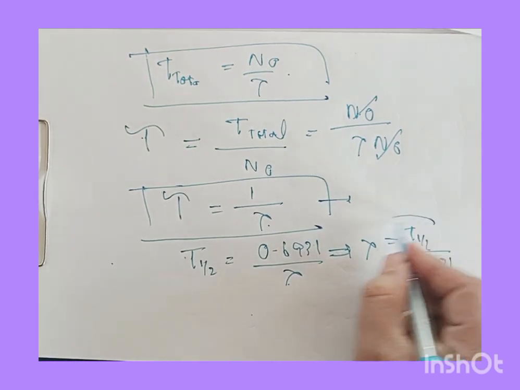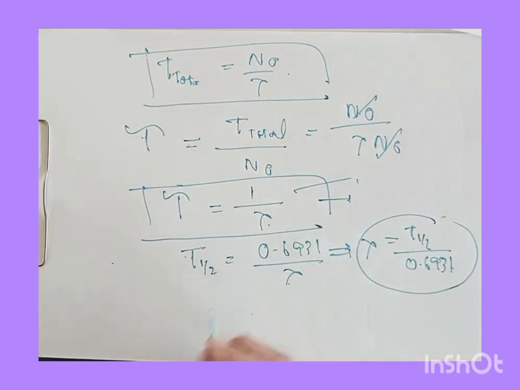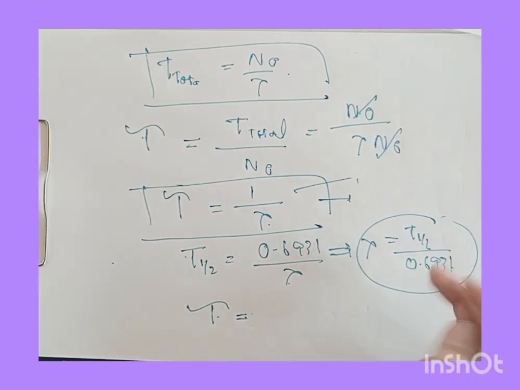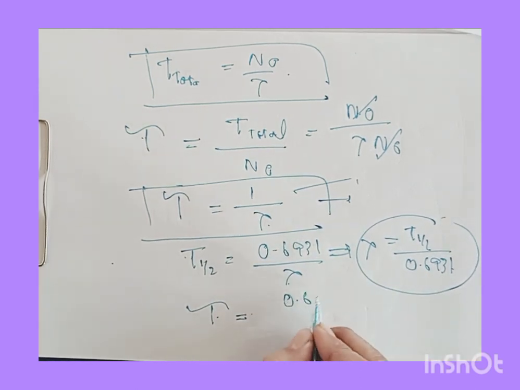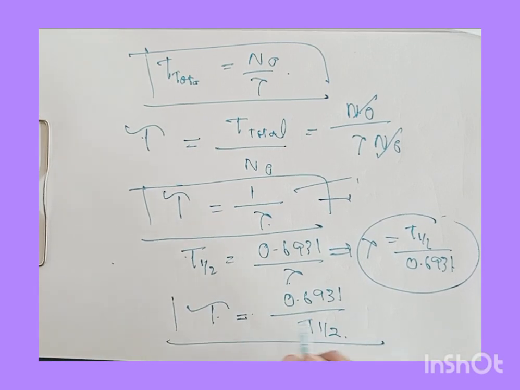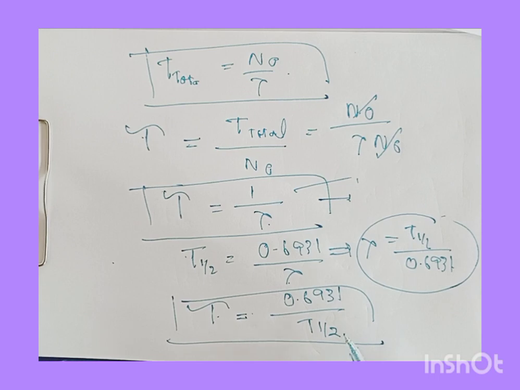I can use this lambda in this equation, and I can have a relation between the mean life of nuclei and the half-life. So this is 1 by, so what will happen? 0.6931 will go up, and I will have T half at the bottom. So this is giving me the relation between the average life and the half-life.